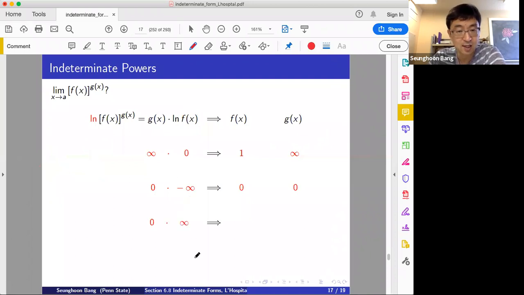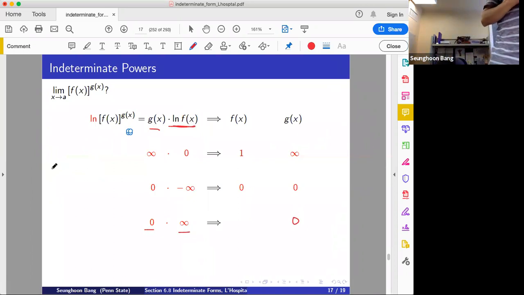The last case is 0 times infinity. So g of x is going to 0. G of x is going to 0. And ln of f of x is going to positive infinity.